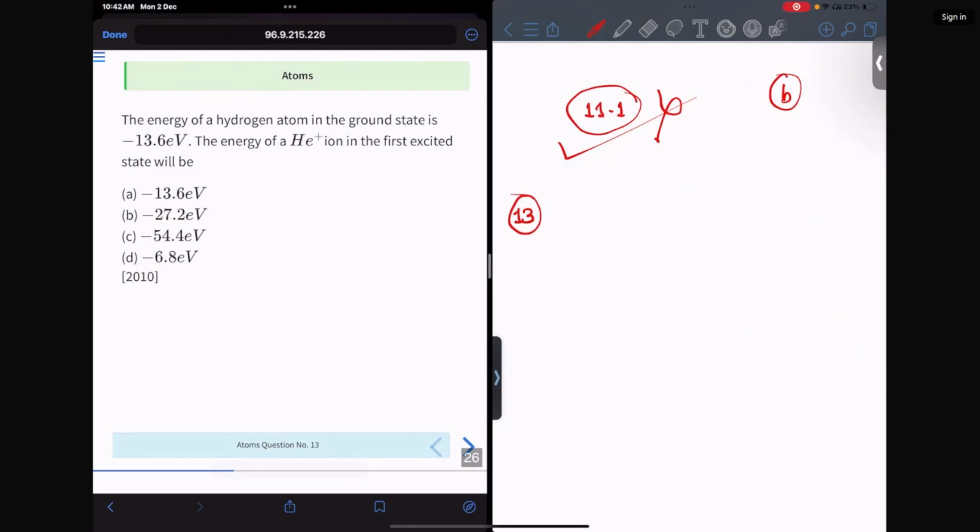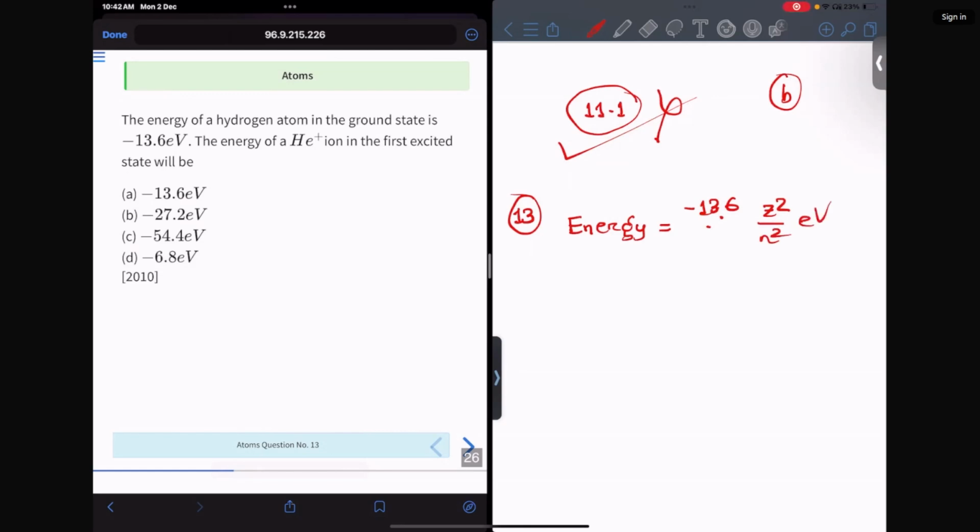Question number 13 says, the energy of a hydrogen atom in ground state is minus 13.6 electron volt. What I told you, for the energy, you remember this formula: minus 13.6 Z square upon N square electron volt.